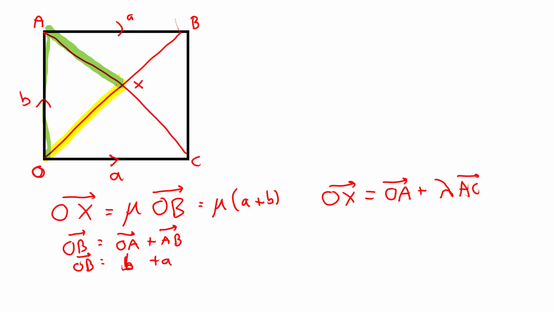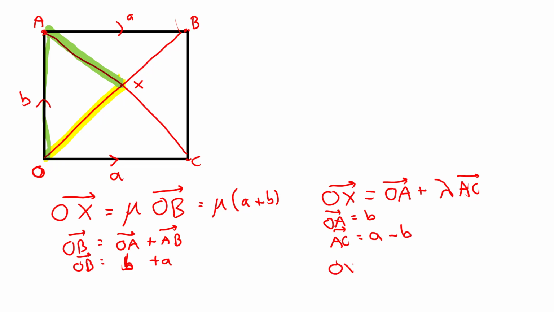This last section from A to X, we don't know what it is, but we do know it's some amount of AC. And let's define our bits in there. OA is just a, and AC is just b minus a, because I've gone from A to B, which is b, but then from B to C, which is minus a, because remember, direction matters with vectors.